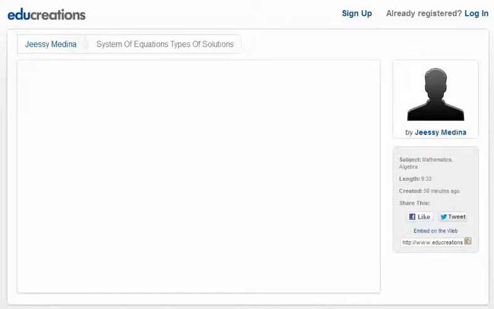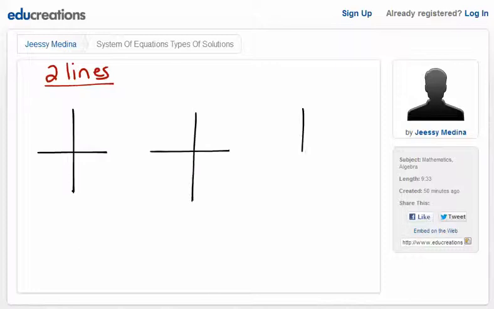So if you have 2 lines, right? 2 lines will either, I'm going to draw the x-axis in black. There's 3 different cases, 3 different things that can happen. Your 2 lines will either intersect, okay?